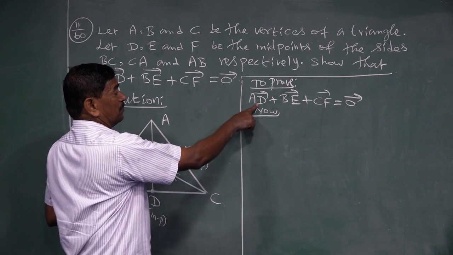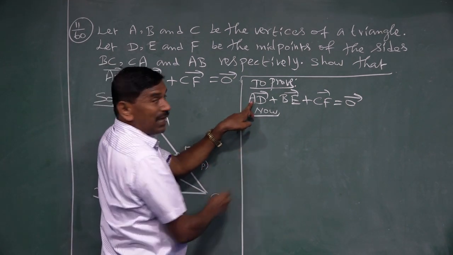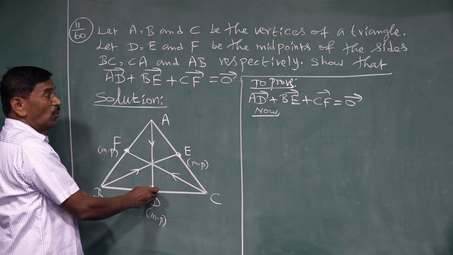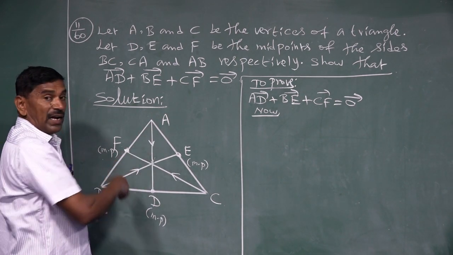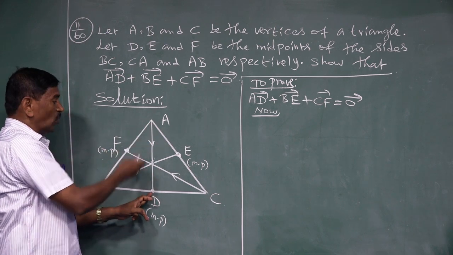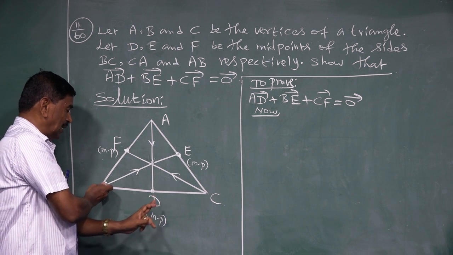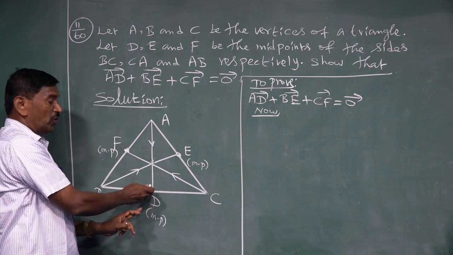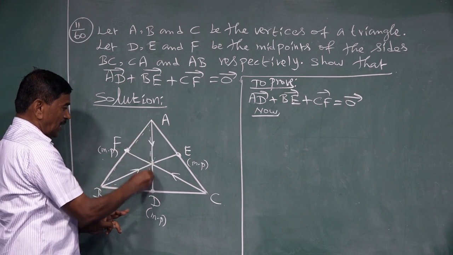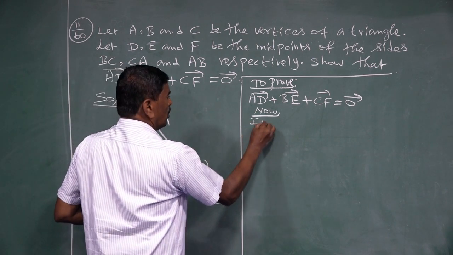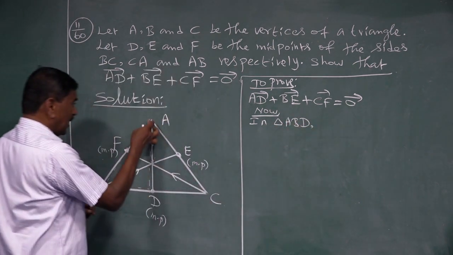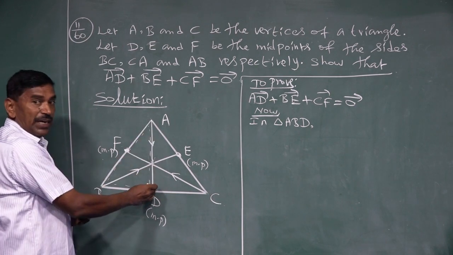Okay, now first term AD vector. Where is AD vector? Listen, from the diagram. To get AD vector, which triangle I want to consider? Yes, AD vector is equal to AB vector plus BD vector, in triangle ABD. In triangle ABD, AD vector, straight root.